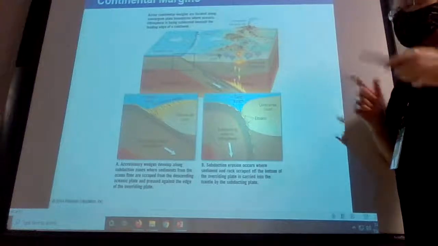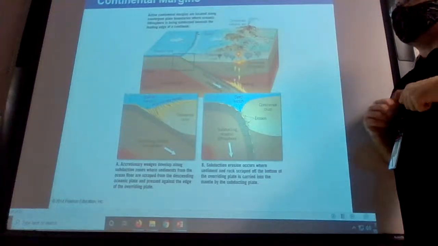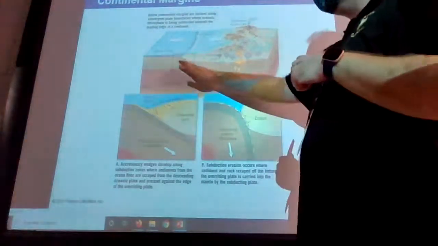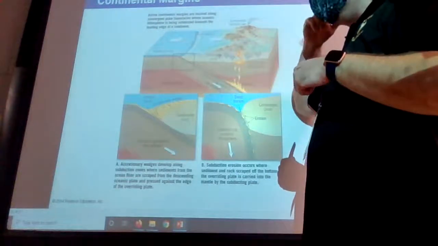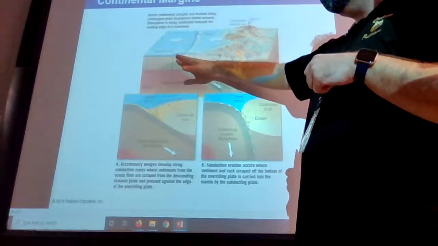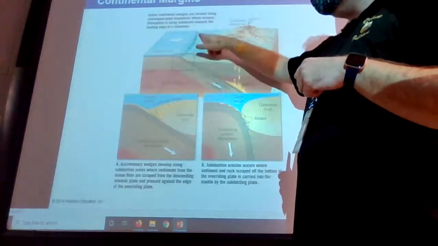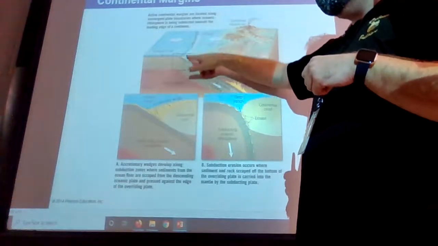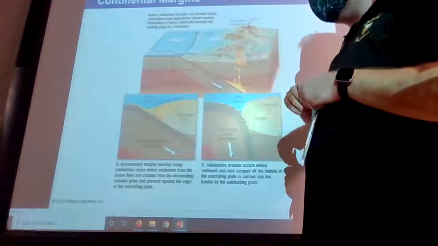So here is an example of your active continental margin, where your oceanic crust is being subducted underneath your continental crust. It pulls the edge of the continental crust down, and you get this really deep trench that happens anywhere you have oceanic crust being subducted.